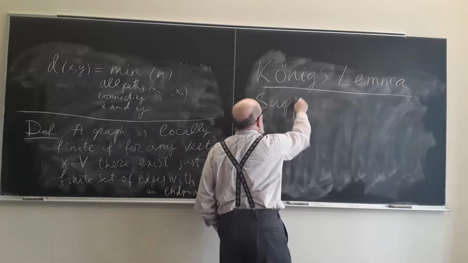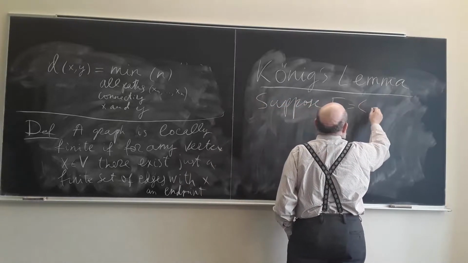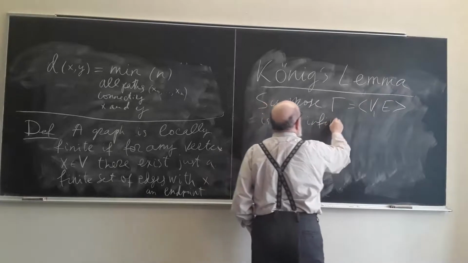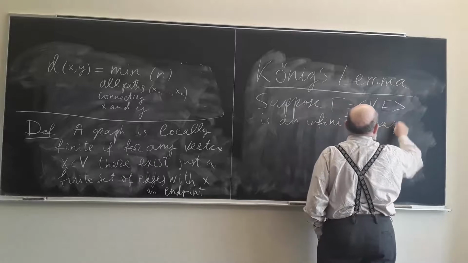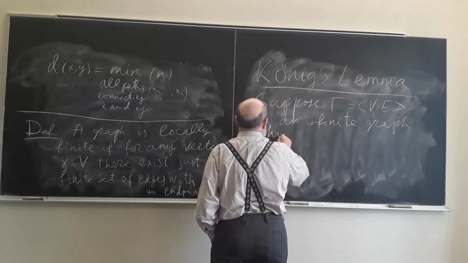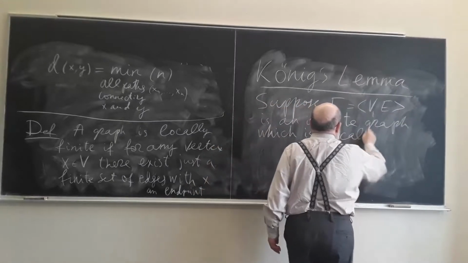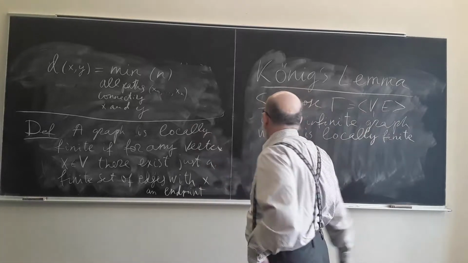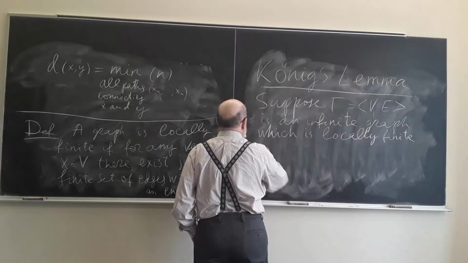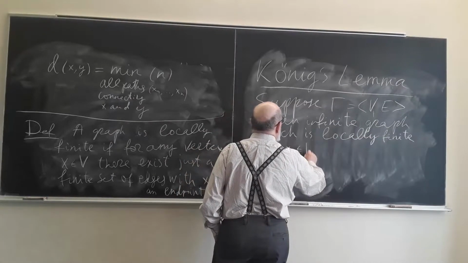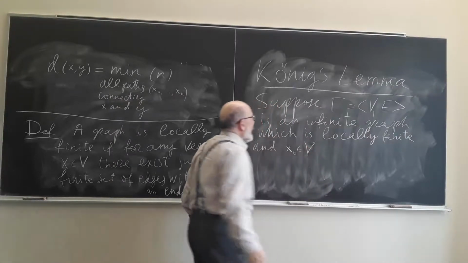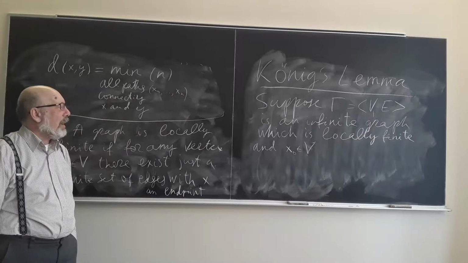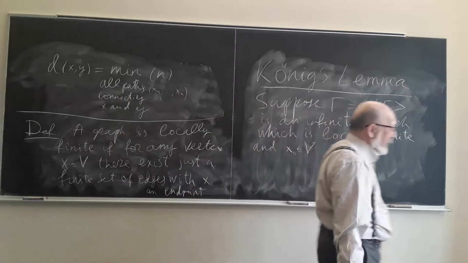Suppose gamma = (V, E) is an infinite graph which is locally finite, like the ones shown. And let us take x0, some vertex here.